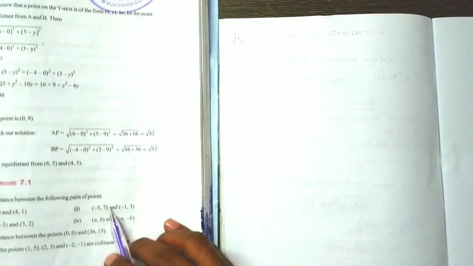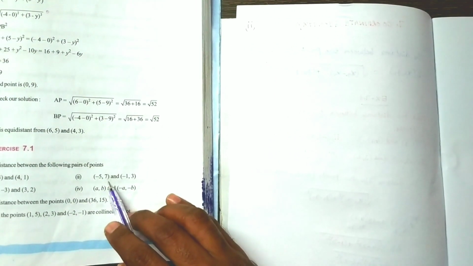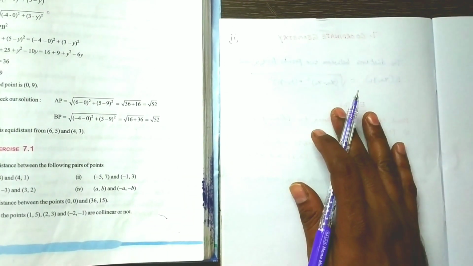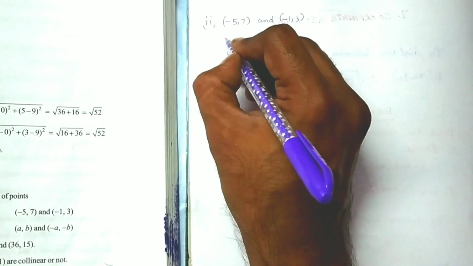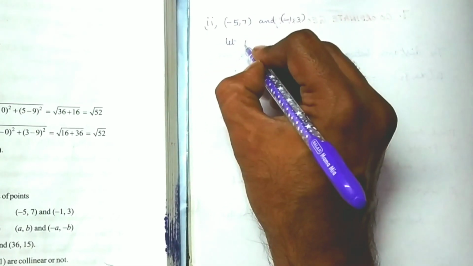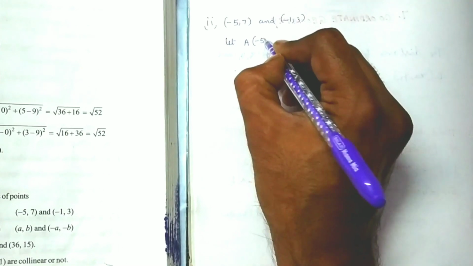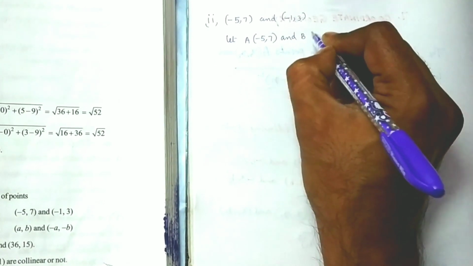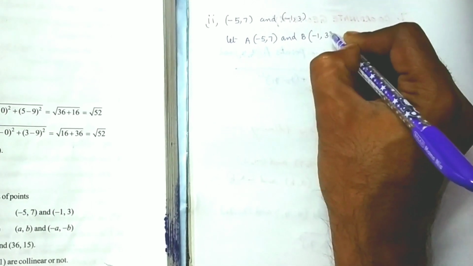Second one, (minus 5, 7) and (minus 1, 3). Solution, let A, that is (minus 5, 7) and B, that is (minus 1, 3).